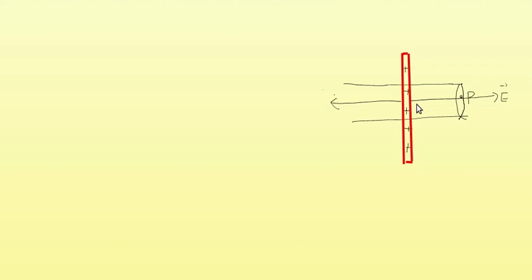Then because of symmetry, there will be an equal part of the cylinder on the other side of the plane sheet. So this is the other part of the cylinder, where L is the length of the cylinder and R is the radius of this cylinder.